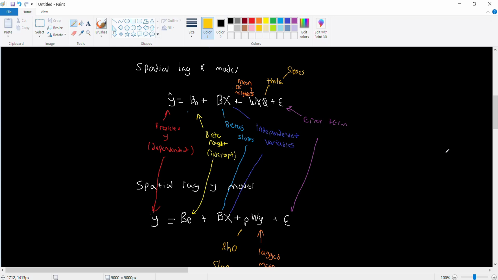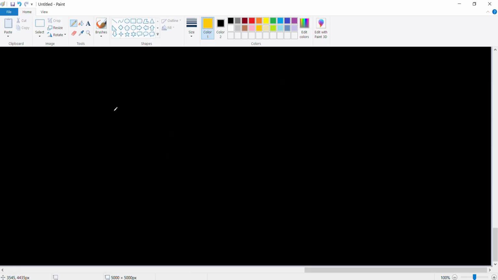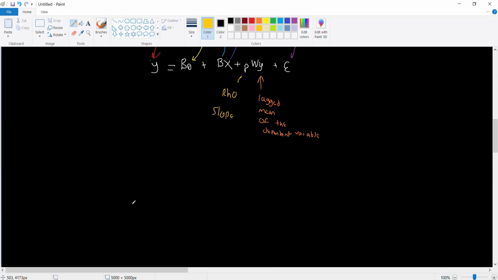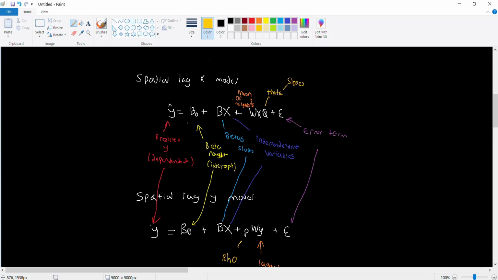If you think back to our original ordinary least squares model, where you had these betas, we said that the betas were the relationship between x and y, and they represented what your unit change in y would be if you had a 1 unit change in x.